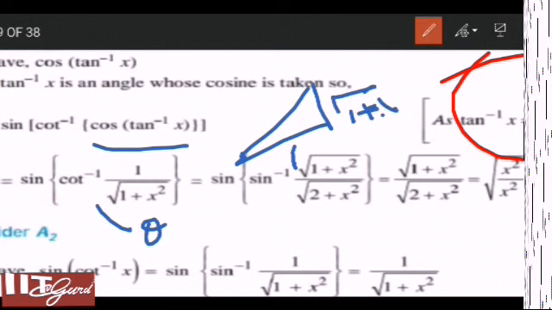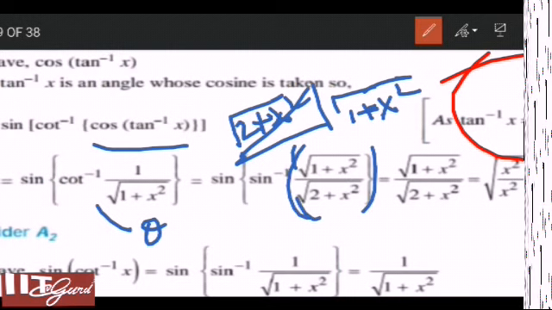This one is altitude, and you can find the hypotenuse here: under root of 1 plus 1 plus x square, that is under root of 2 plus x square. So sine is altitude upon hypotenuse, so under root 1 plus x square upon under root 2 plus x square. So sine inverse of this much we write, and sine of sine inverse x is x simply.